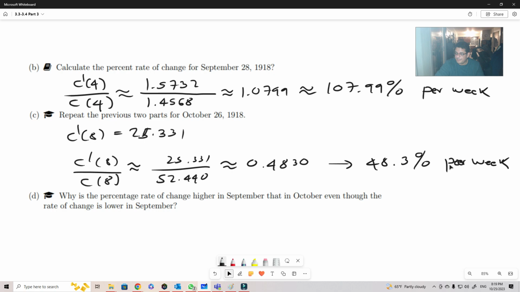What happened is that the number of deaths is closer to the rate of change in September than in October, making the percentage higher. All right, and that's going to be the end of part 3 of the chain rule.